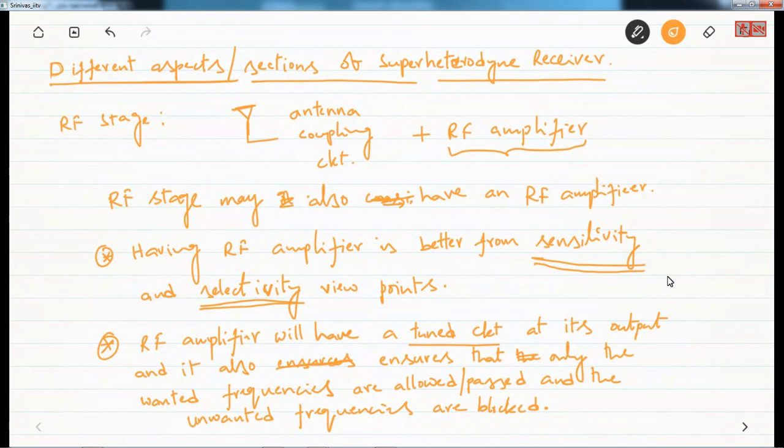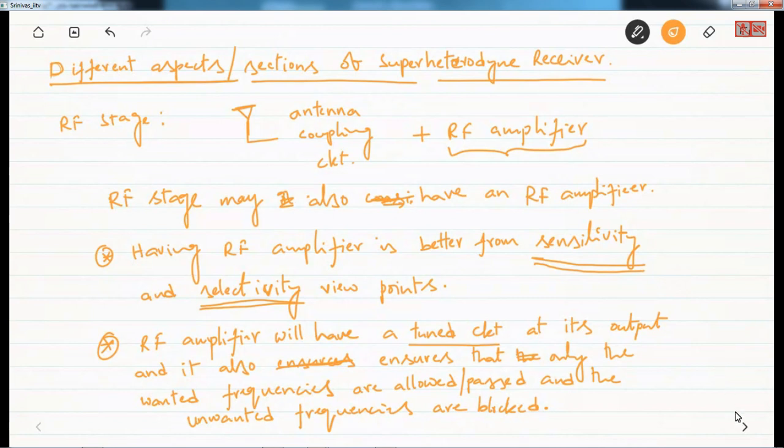As I said, the RF amplifier is not strictly required in all cases, but if you have it, it's better. Your receiver will have higher sensitivity and higher selectivity, but the cost of the receiver also increases, right? So this is about the RF amplifier.